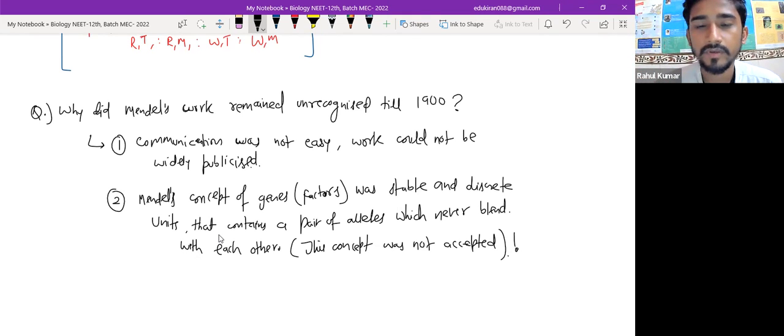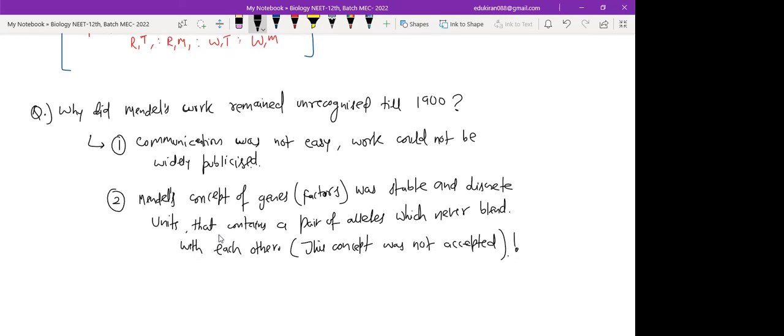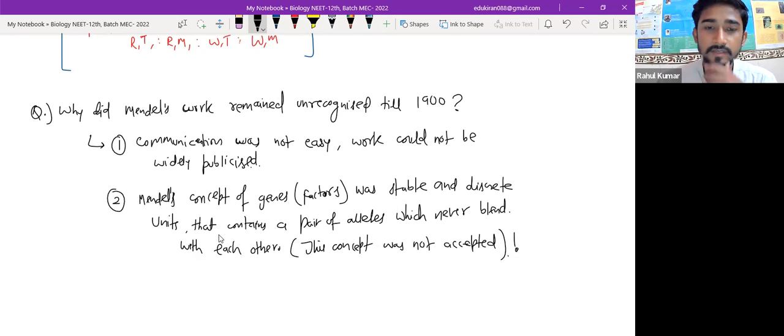So they said that for genes like height in humans and for genes like skin color, it's not like flower color. Humans are not either black or white. There is a gradation of skin color. Yes or no? Yes. So scientists did not accept this for everything. They thought that Mendel had missed something. So that was the second reason.